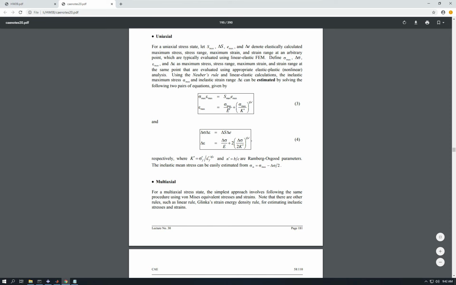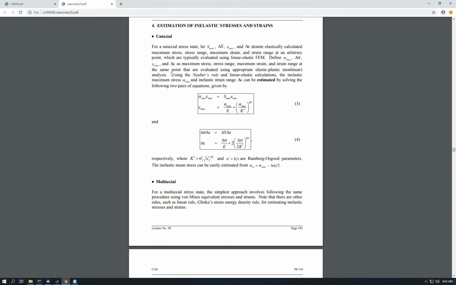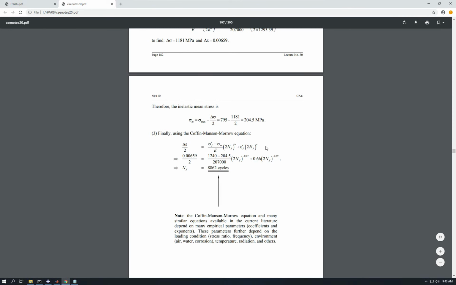Now to solve this equation, which is a nonlinear equation, you have to put it in some form in MATLAB to solve, and this file you have in your icon. So download this one, and this belongs to example 2. And if you look at your example 2, you can see how this MATLAB file works.